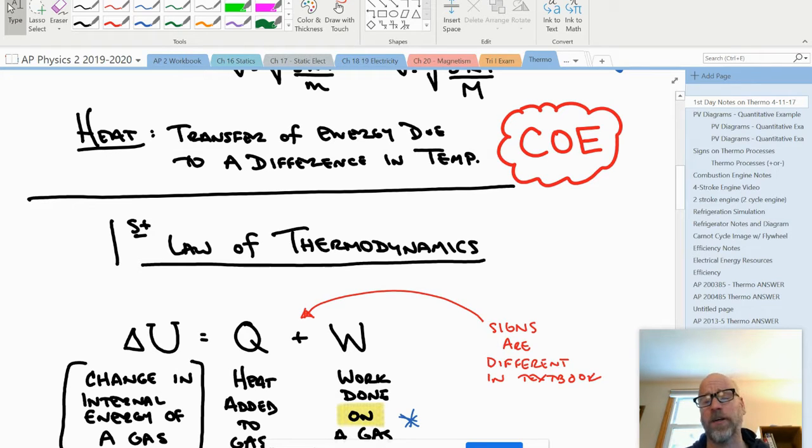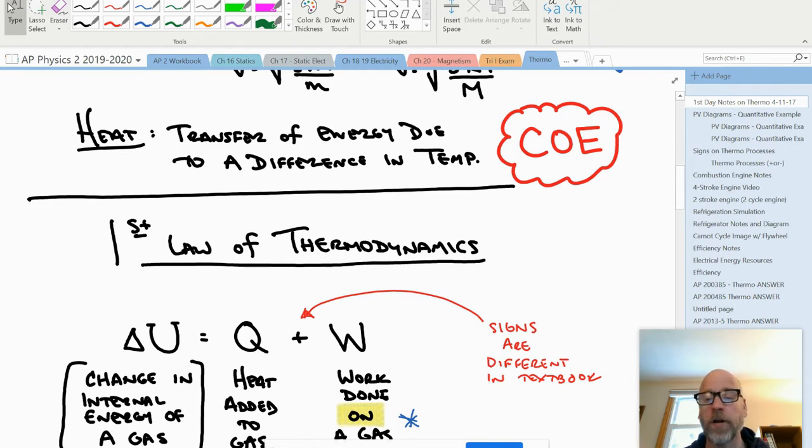What does that look like? That looks like compressing it. So I can do work by compressing a gas. How can a gas do work on something? Well, it would be the opposite. It would push against, right? That's not that hard. So when you add heat to a system, you can increase the internal energy. If you do work on a gas by compressing it, you would also increase the internal energy of the gas.